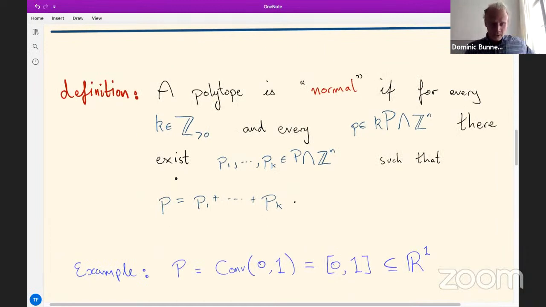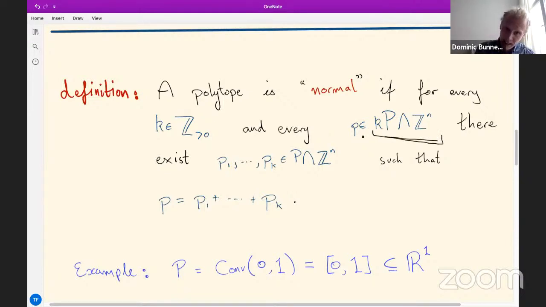Now, as I said before, normality is about how the lattice points of these dilations behave. So we say a polytope is normal if for every dilation KP, we consider the lattice points of KP.